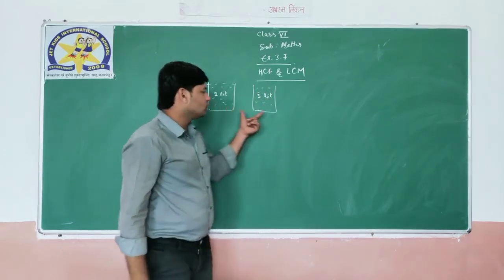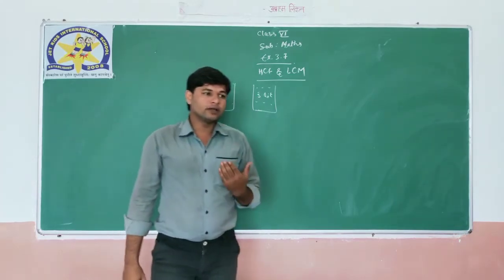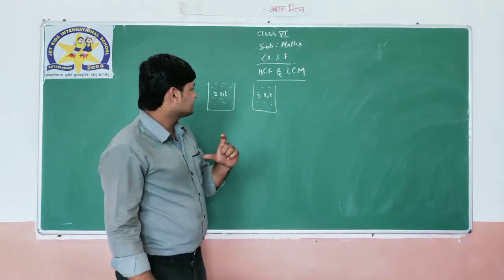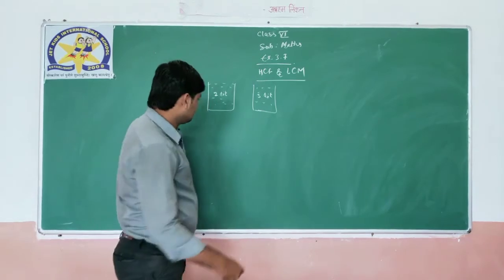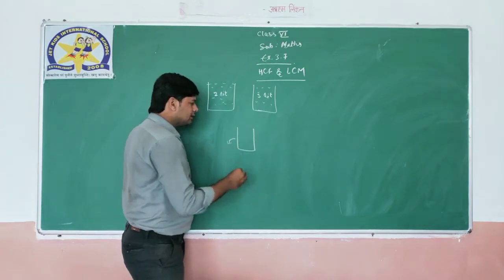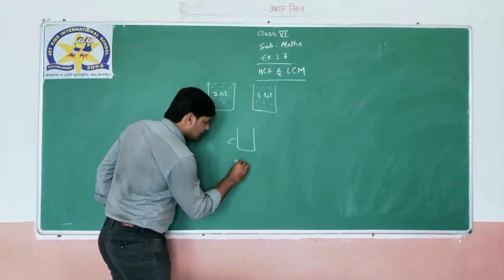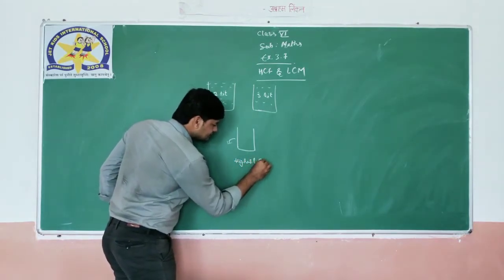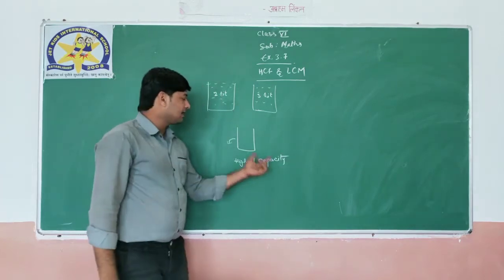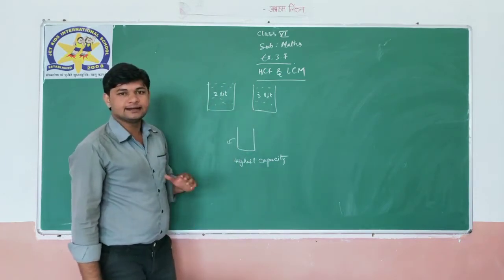The question is: what is the highest capacity of a third container that can measure these two exactly?